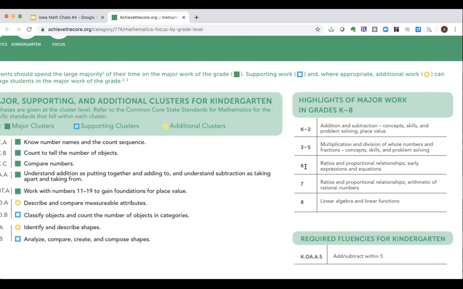When they get into 6th grade, we want to make sure they can understand ratios and proportions, and expressions and equations. It's like 2 things. They're huge things in mathematics, but this is what we mean by the major work of the grades. In 7th grade, we continue on and add in rational numbers. And in 8th grade, we get to linear algebra and functions. So this highlights the major work of the grades in K through 8.